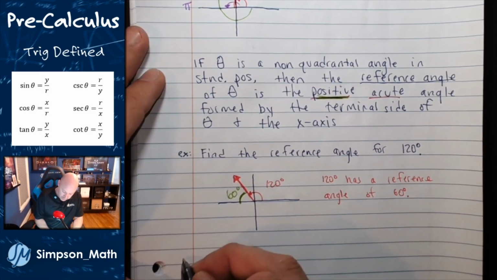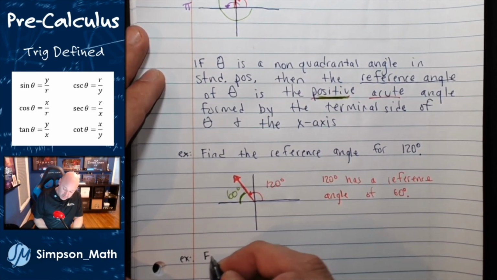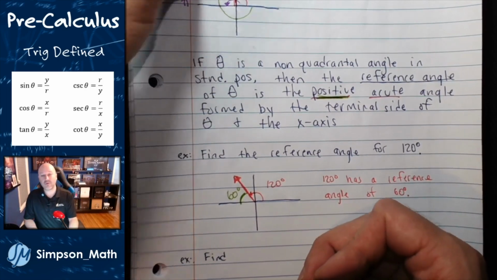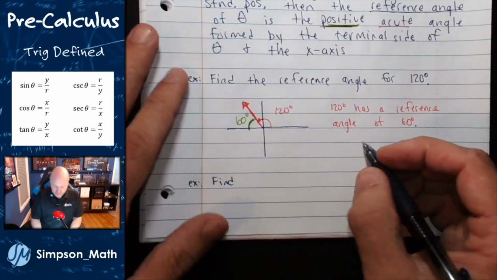Let's do another one. Let's find the reference angle for 210 degrees.